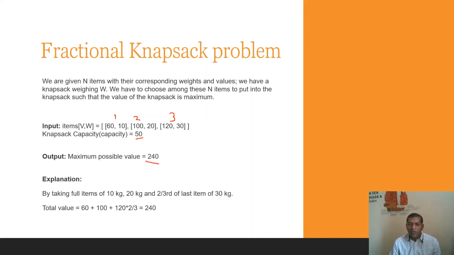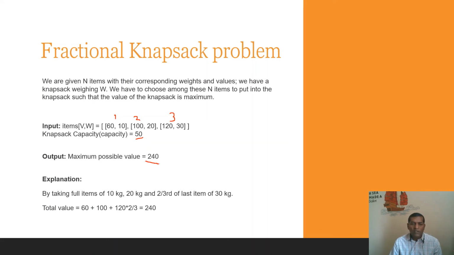So what we can do is find out the value per unit for each item. The per unit value will be generated for the first item, the second item and the third item.